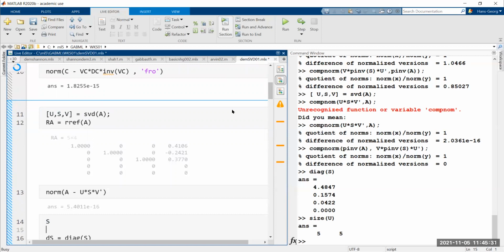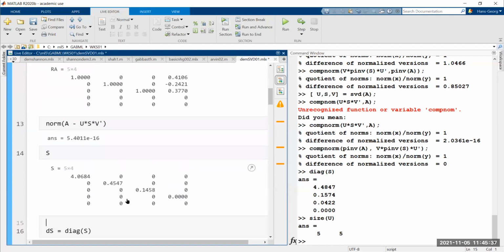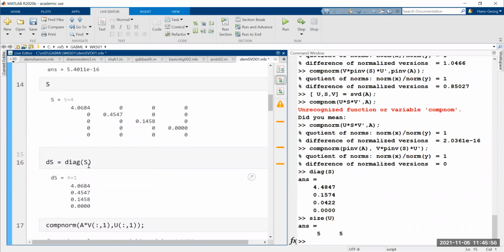I hope that I'm not destroying the data. So the matrix S is a rectangular matrix, but it's supposed to be a diagonal matrix, so it's clear that this cannot be a perfect diagonal matrix. But what you see here is that the diagonal entries are non-zero at positions 1,1, 2,2, 3,3. So actually the diagonal, up to the 0 here, is the scaling factors.